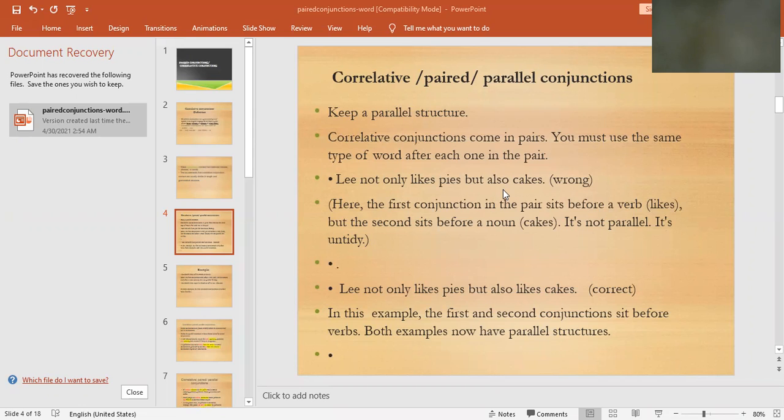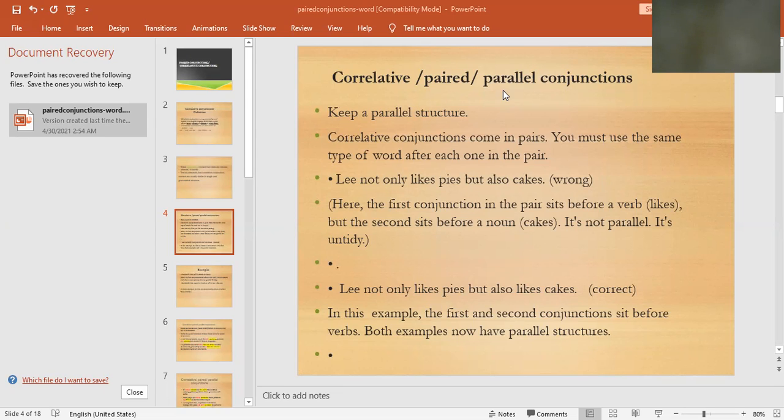Dear students, today inshallah we are going to discuss a new type of conjunctions, which are correlative conjunctions. They are called correlative conjunctions, paired conjunctions, and parallel conjunctions. You see the word parallel, which means two lines go straight, keeping the same distance between them.